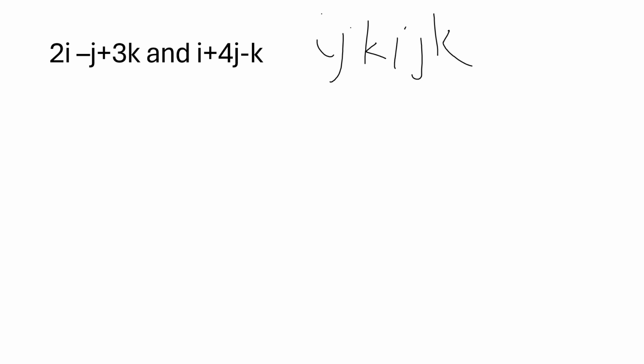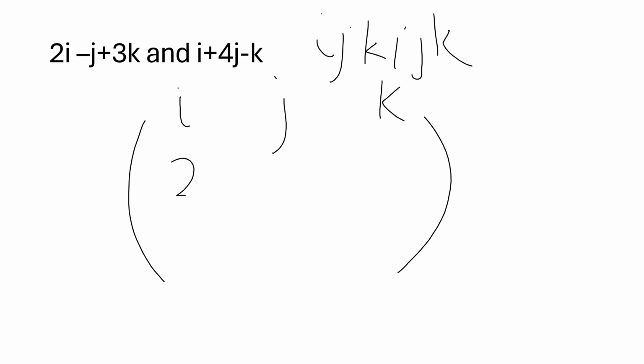So we use this system similar to finding the determinant of a matrix. So under the I, we write 2, then J negative 1 for this vector, then K positive 3. Then for this vector, we write 1 for I, for J it is 4, for K it is negative 1.